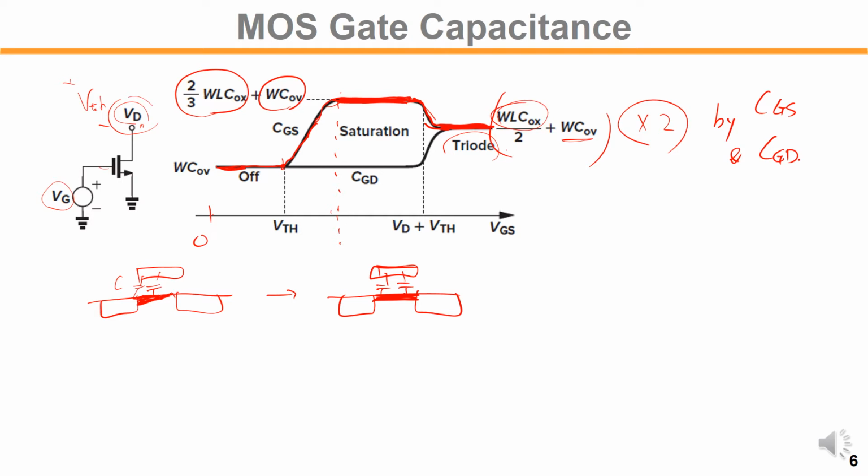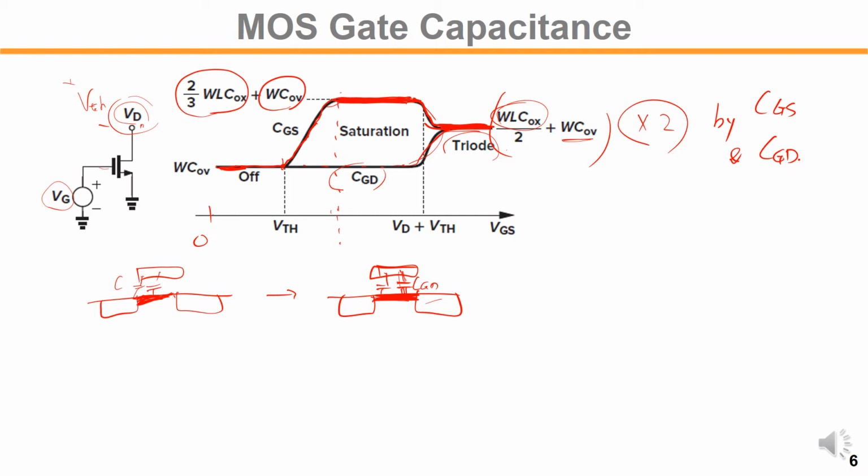If you look at CGD only, once the transistor gets into the triode region, we will see the CGD capacitance like this.